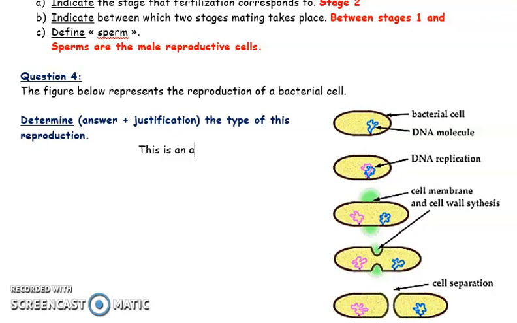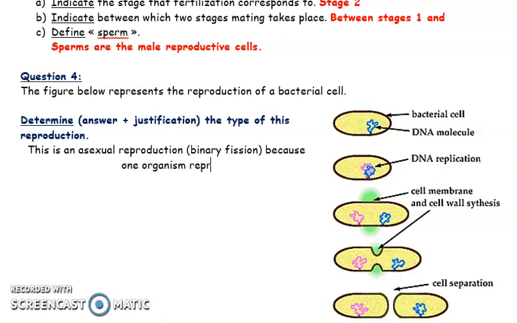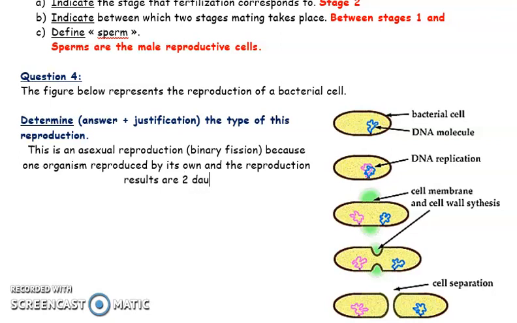This is an asexual reproduction. And to be more specific, this is binary fission happening because one organism reproduced by its own, and the result of the reproduction is two daughter cells.